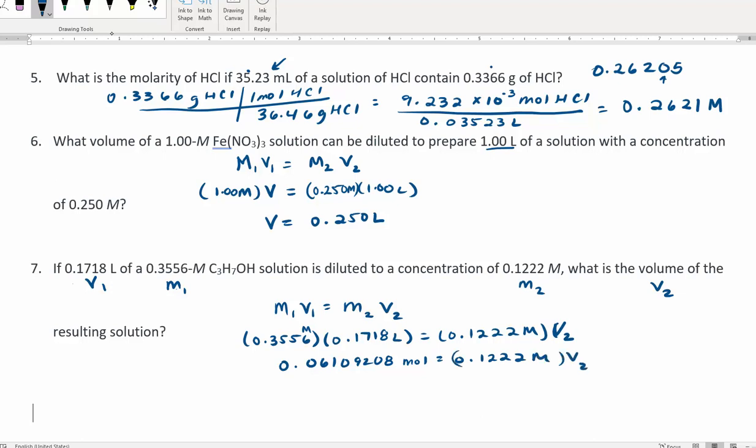Now I divide both sides by 0.1222, and I get a V, a volume, in liters. I'm looking for 4 significant figures, I think, but I get 0.4999, and then I have a 3. So that 3 would get dropped. We're not rounding up, and the units here are capital L liters.